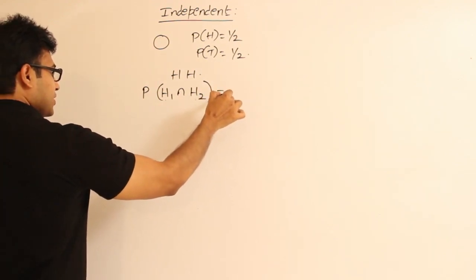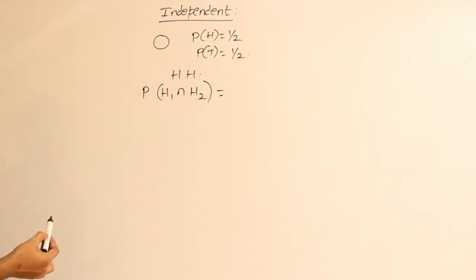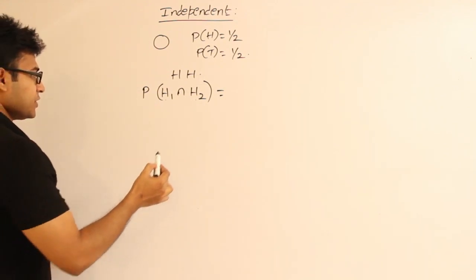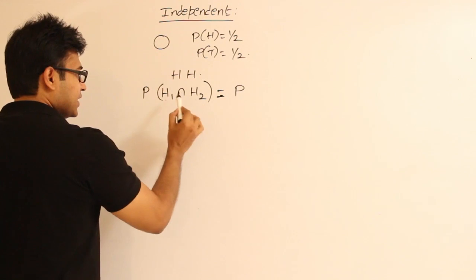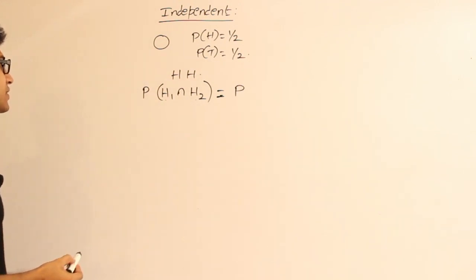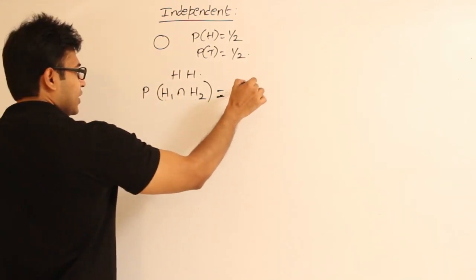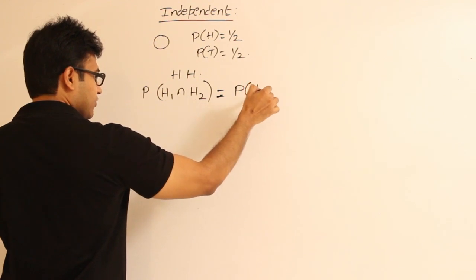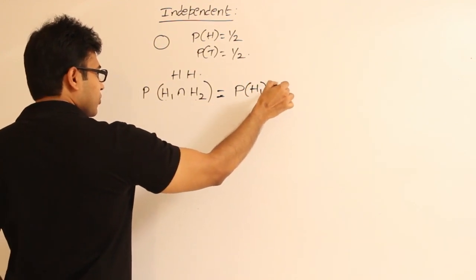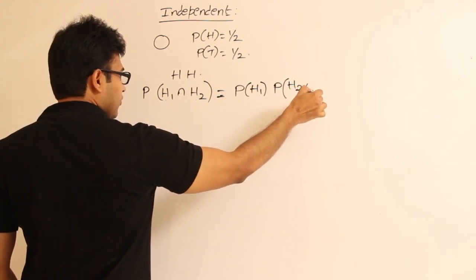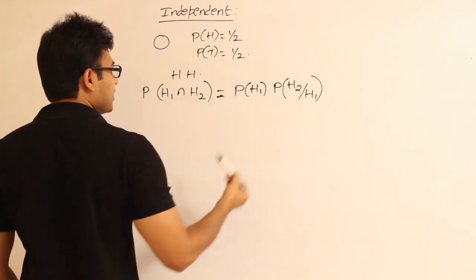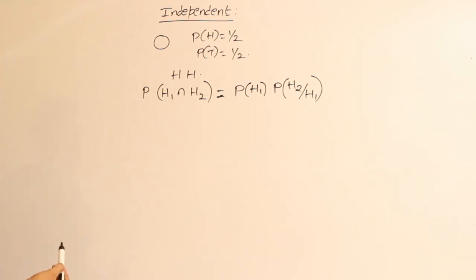Now according to conditional probability, we have already seen the multiplication theorem. In multiplication theorem, I told you that whenever we have any happening of 2 events, we could use this formula. What is it? Probability of getting a head in the first flip times probability of getting a head in the second flip, given that the first flip has already turned out to be a head, right?